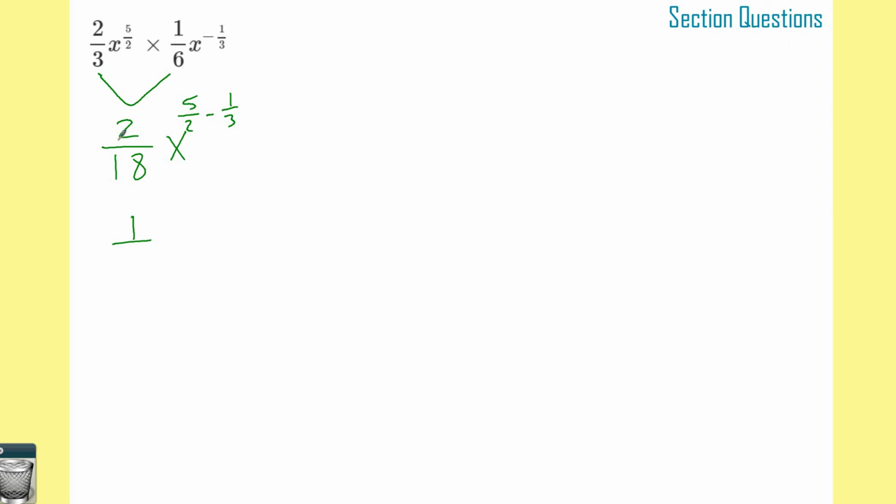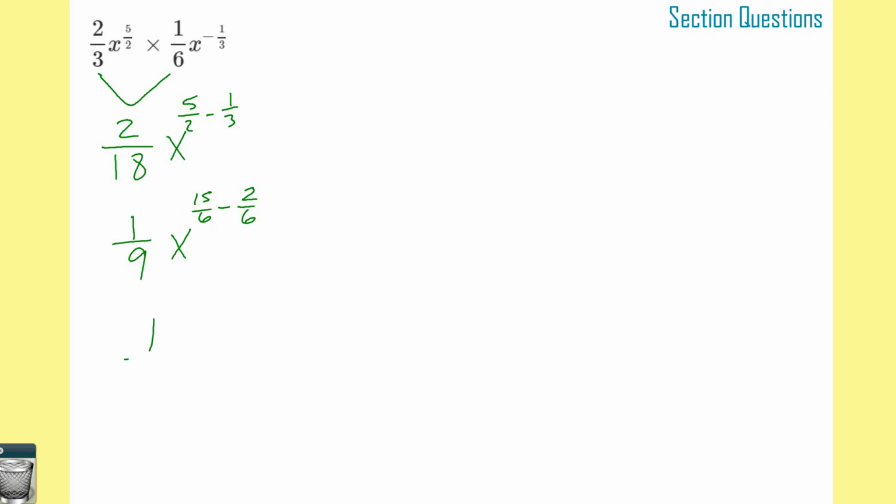The left side I can make 1/9, and my exponents are going to get the same, so I'm going to make that a 6. So 15 over 6 minus 5 over 6. What am I doing? 2 over 6? Okay. Yes. So we get 13 over 6.